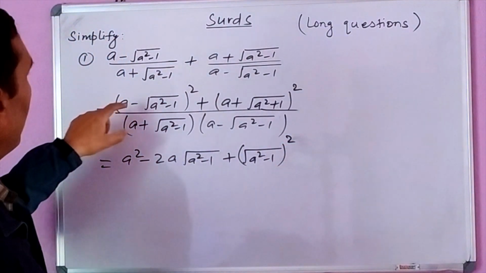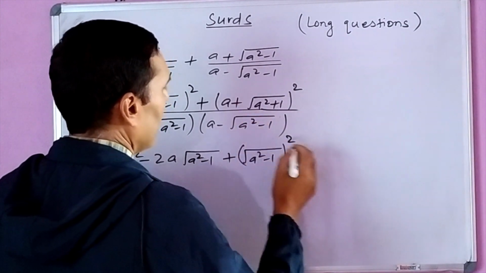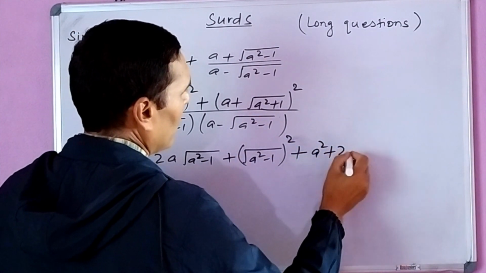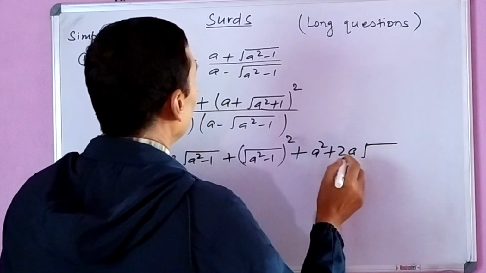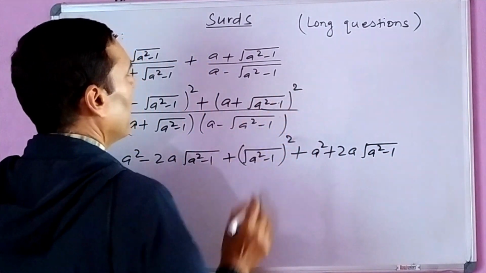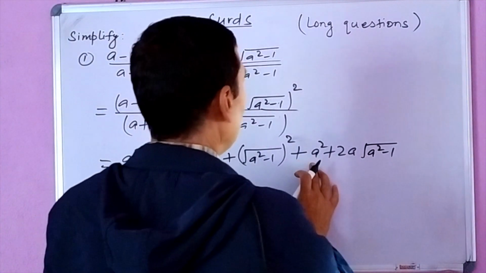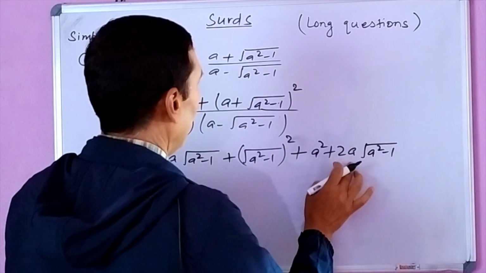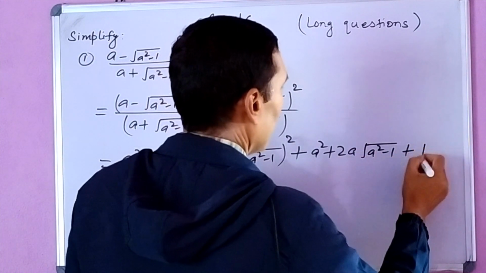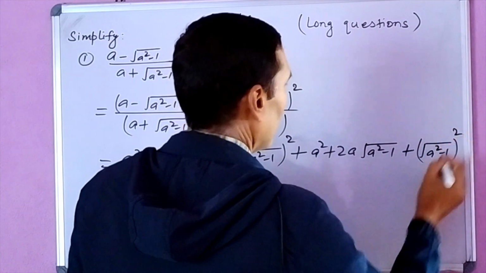Similarly, the second square also: a square plus 2ab plus b square, a square minus 1 whole square.